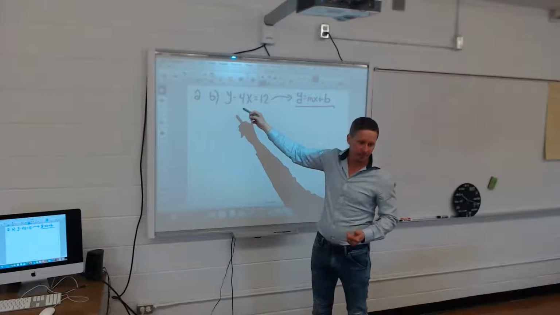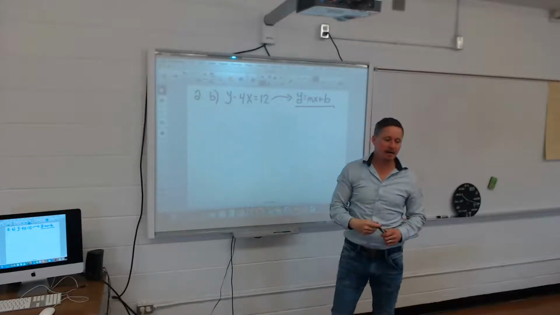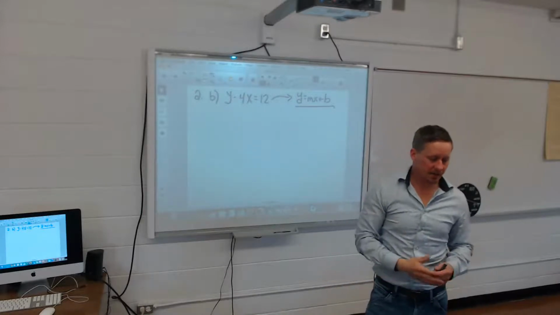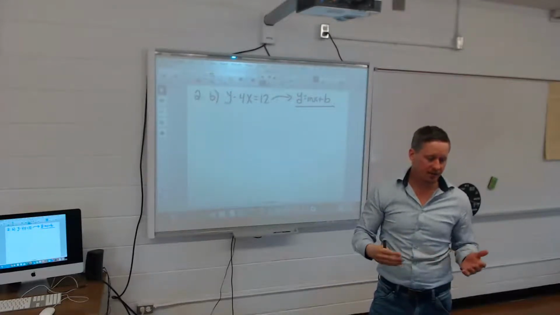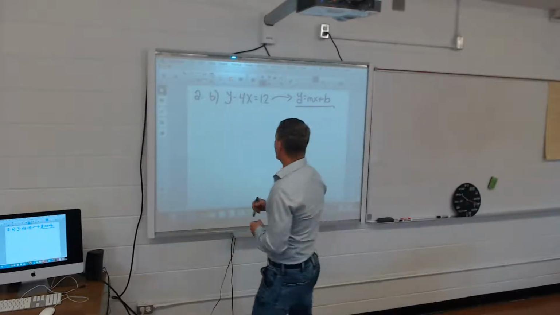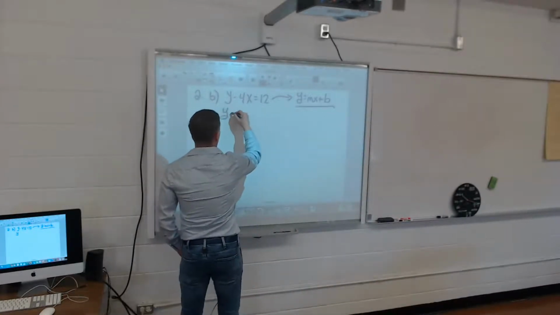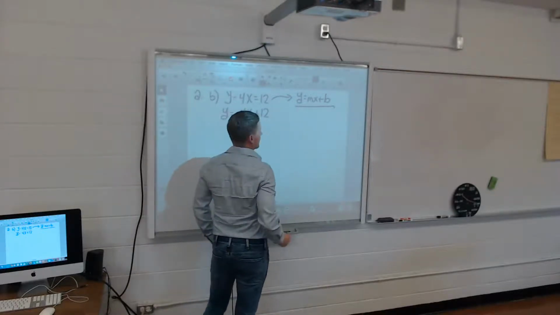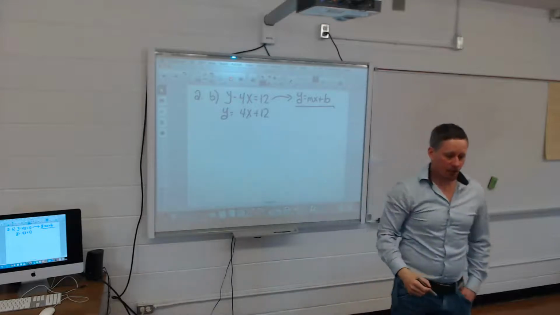All right. So in order to move -4x, I'm going to do the opposite. So instead of subtracting 4x, what's the opposite of subtracting 4x? Adding 4x. So I'm going to add 4x to the other side. So y equals 4x add 12. Is that now in the same form that I wanted it?